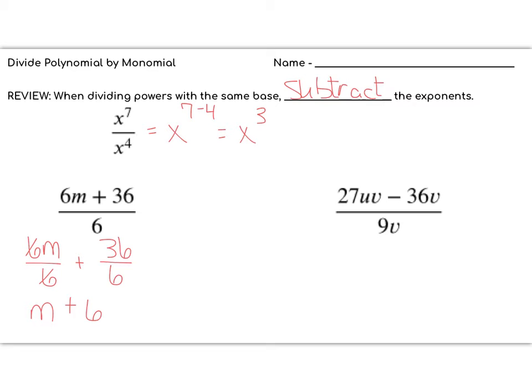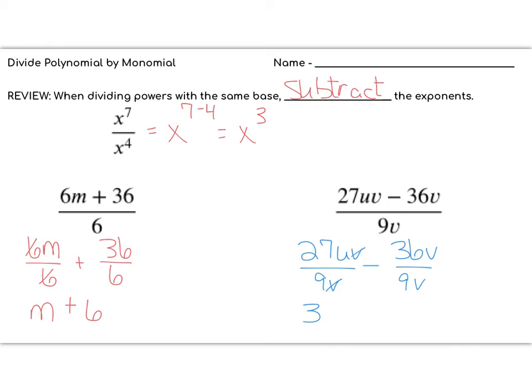For the next one, I have 27uv minus 36v, all divided by 9v. So we want to split it up, 27uv over 9v minus, watch your signs, 36v over 9v. Now, take care of each term. So 27 divided by 9 is 3.